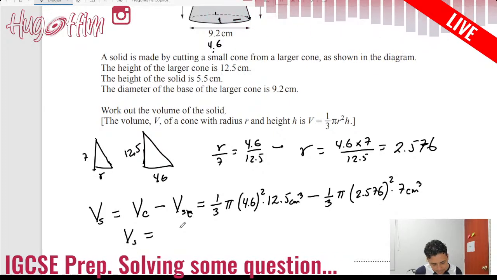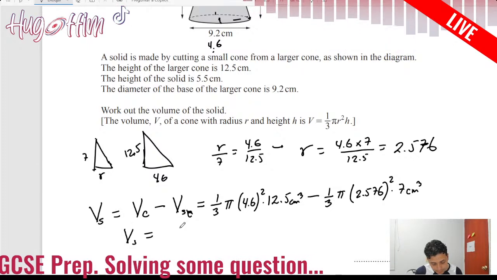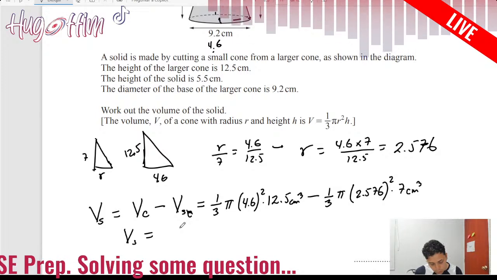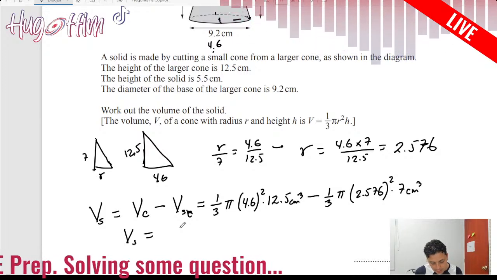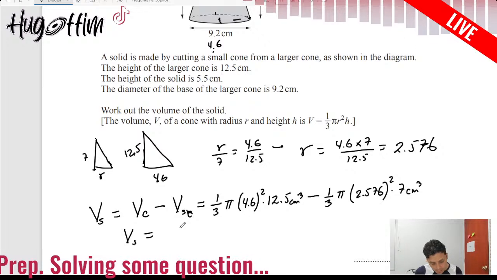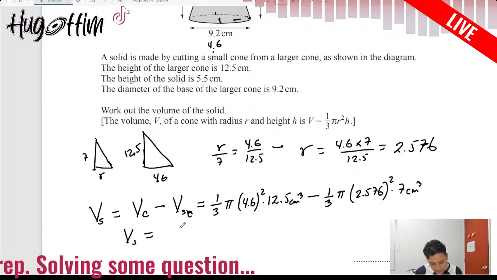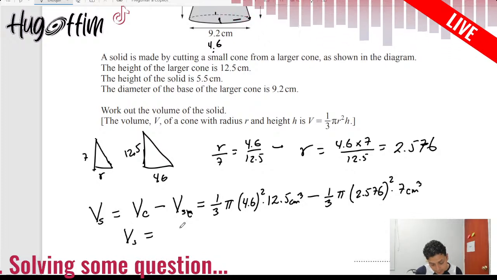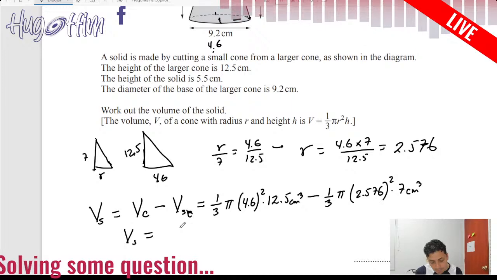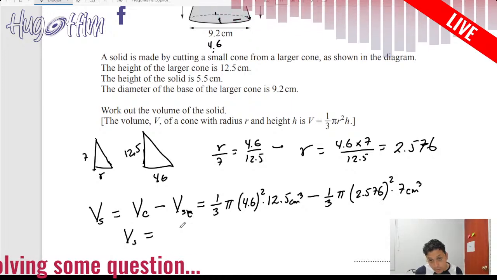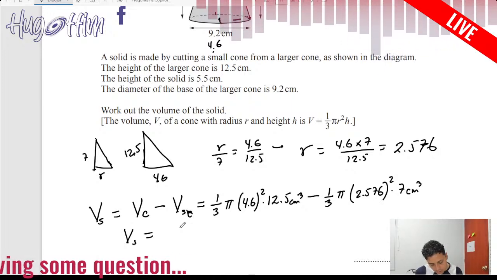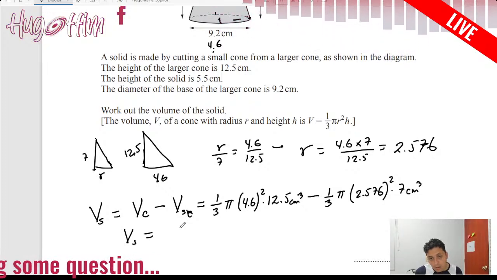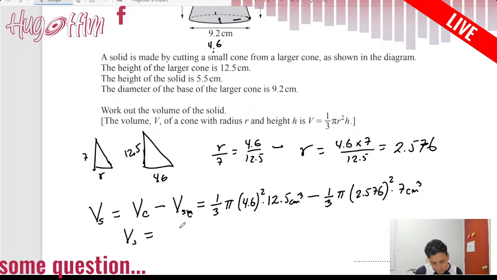So let's put 1 divided by 3, pi, times 4.6 to the second power times 12.5 minus 2.576 to the second power times 7, divided by 3.